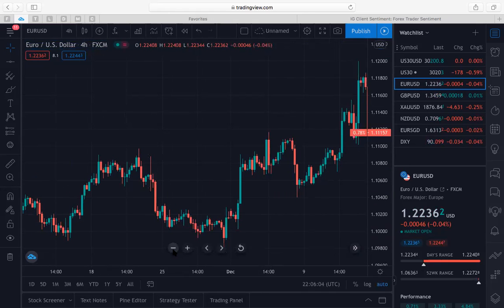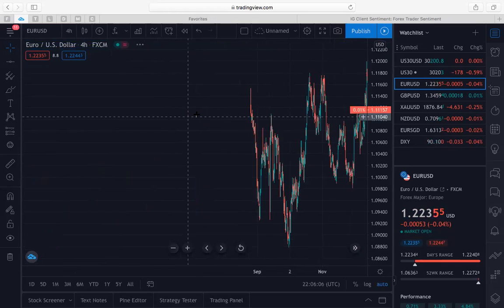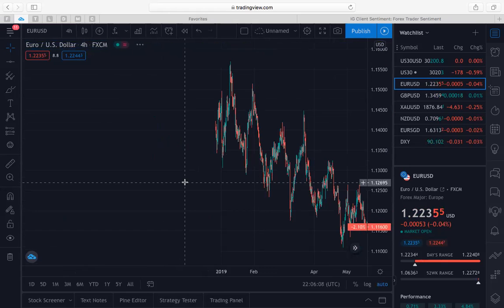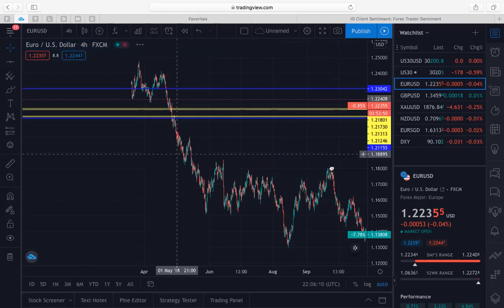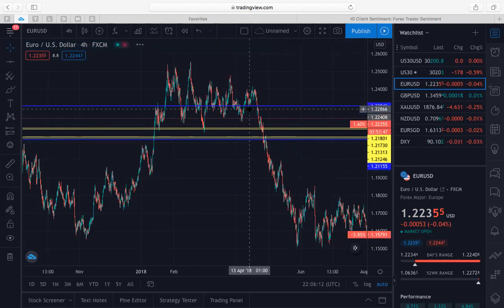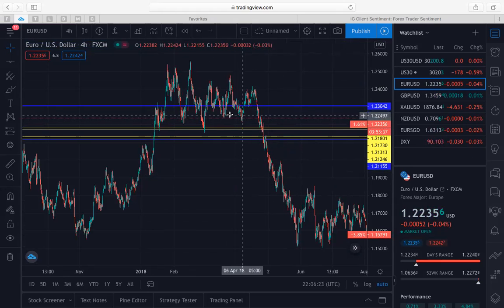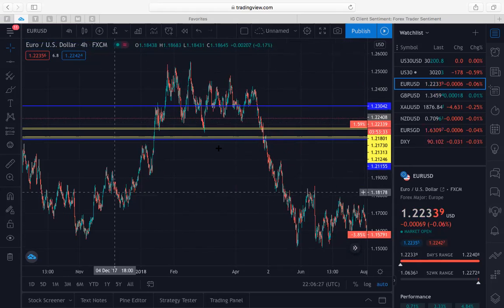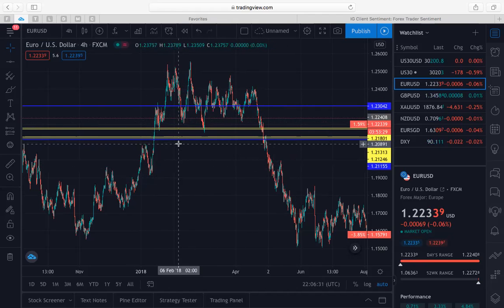Let me zoom out. So you can see the next point was around April 2018, from January to April. So there was this point where I could get my zones.